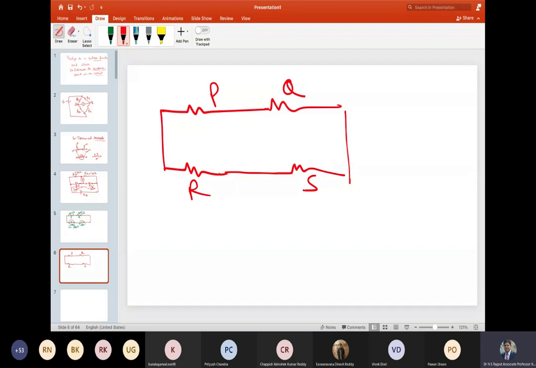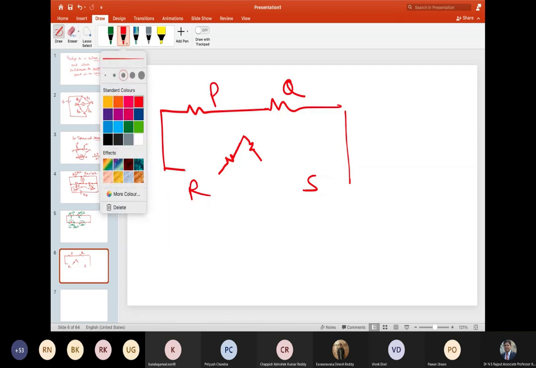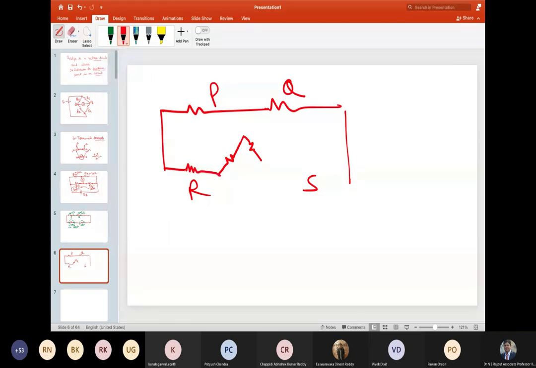Then he suggested that include one resistance like this, one resistance like this, and over here include it that way and add one more resistance here. And then he suggested that now here you place the voltmeter. Then he also said that let this be A and B and this be C, three resistances.